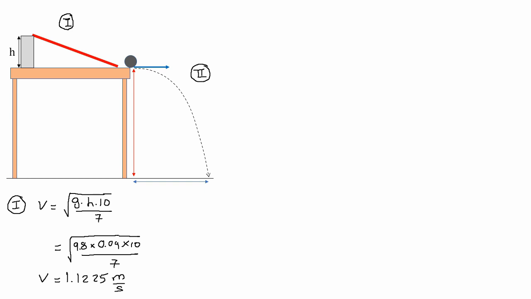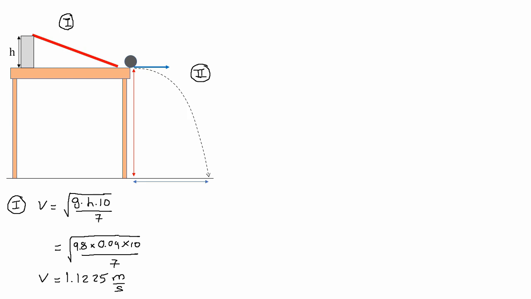Now this is supposed to be the speed of the ball as it comes down the ramp, so at the bottom of the ramp. And since the bottom of our ramp is pretty close to the edge of the table, we are hoping that the speed of the ball as it takes off the edge of this table is about 1.1225, and this is what we're going to verify in the calculation of part 2.